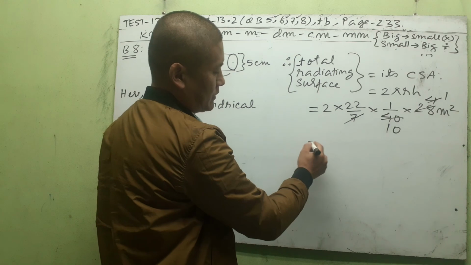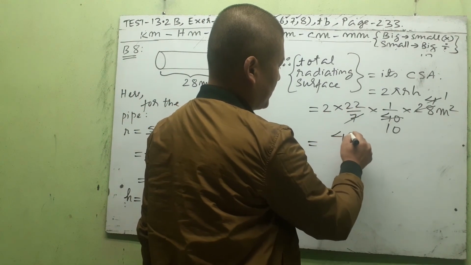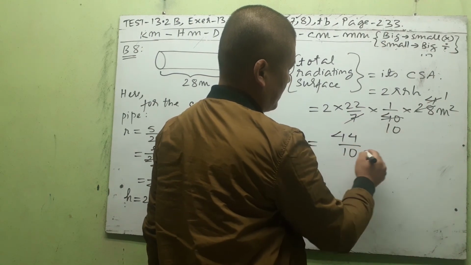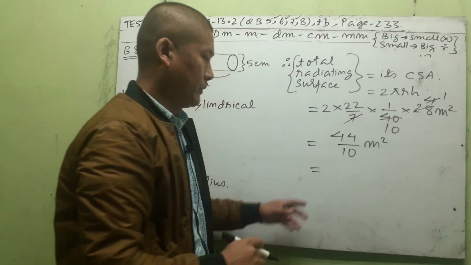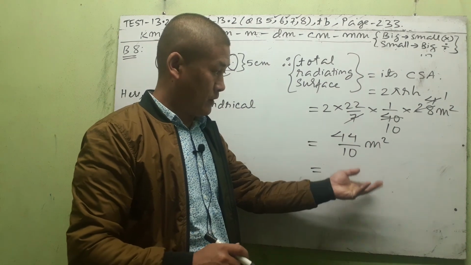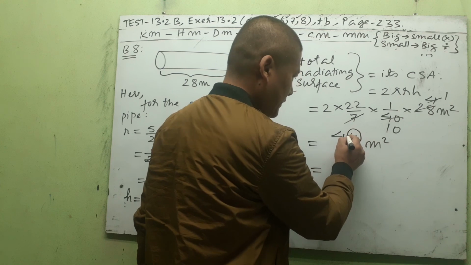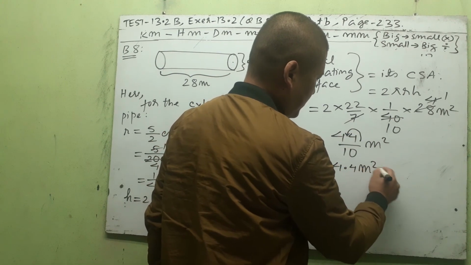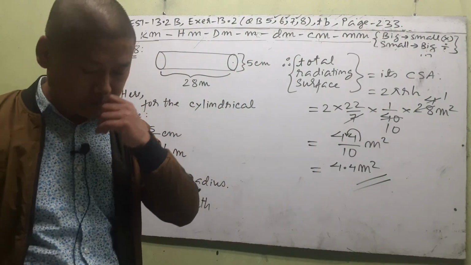Just keep this one for some time because 10 is easy to divide. So 2 into 22, 44, and nothing left, divided by 10. Dividing by 10, as I've been saying, means the decimal moves left. Multiplying by 10, the decimal moves right. No decimal on the numerator means the decimal is here, so it will move one place to the left because we're dividing, so it will become 4.4 meter square. The textbook answer is given in meter square, so 4.4 meter square.